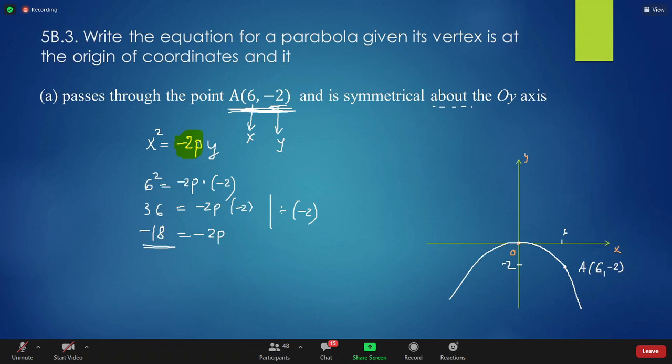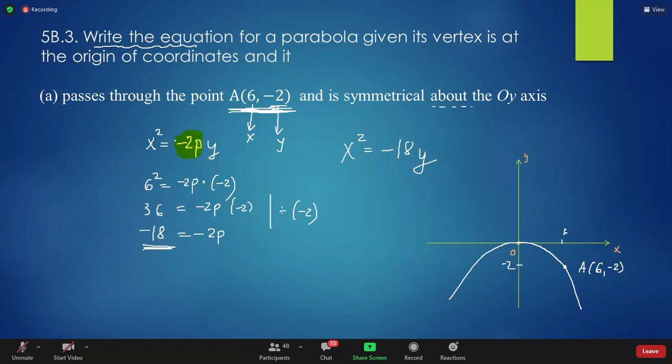I don't care what p is, although yes, I see p is 9, p half is 4.5, so 4.5 would be the y coordinate for the directrix. But in this case, we only need the equation, so I'm writing x squared equals minus 18y, and that's it. I don't need p itself.